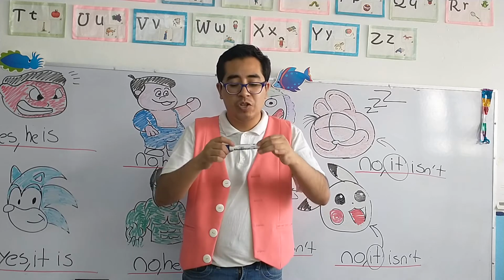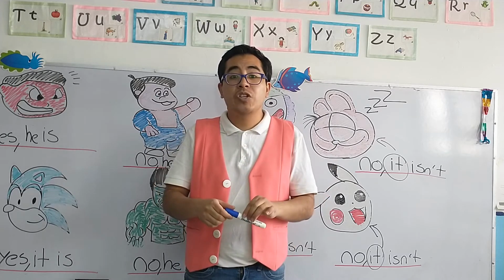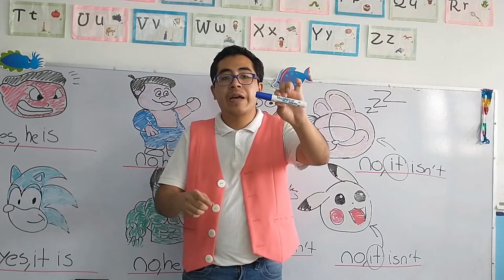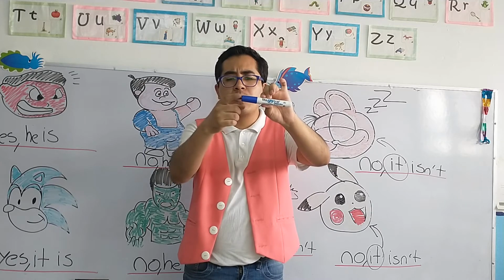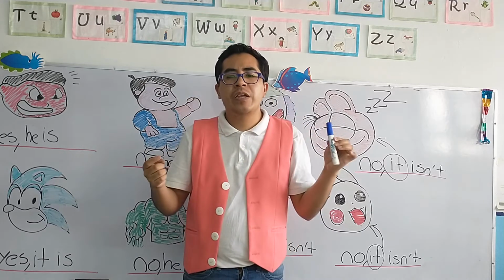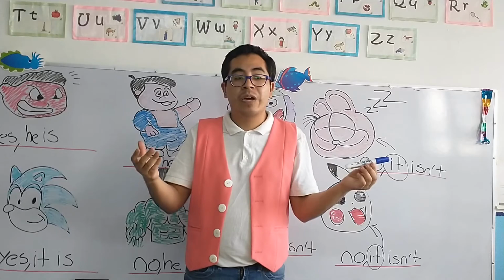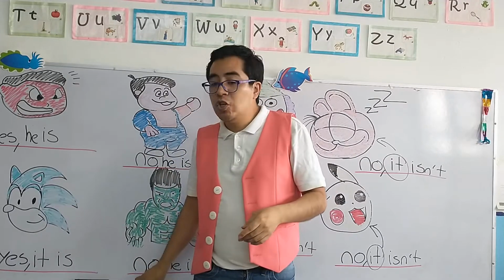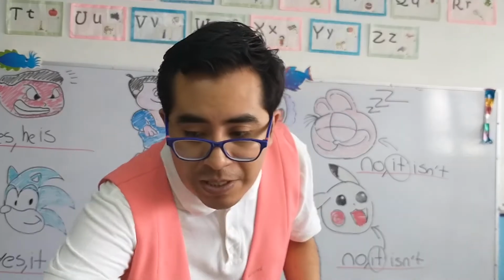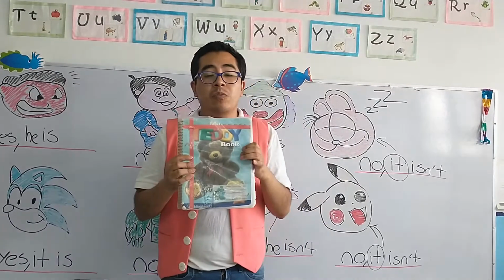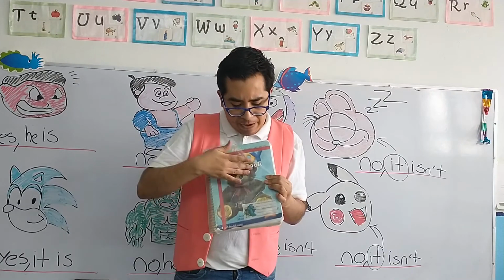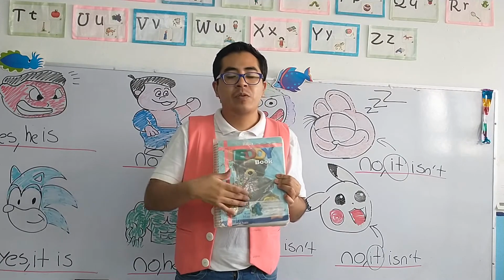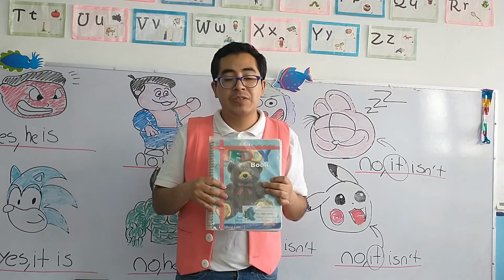For example, they can show you a marker and ask you, is it color red? And you can say, no, it isn't, okay? Or maybe they are showing you a book, o tal vez les puedan enseñar un libro y preguntarles, is it a bear? And you have to answer, yes, it is.